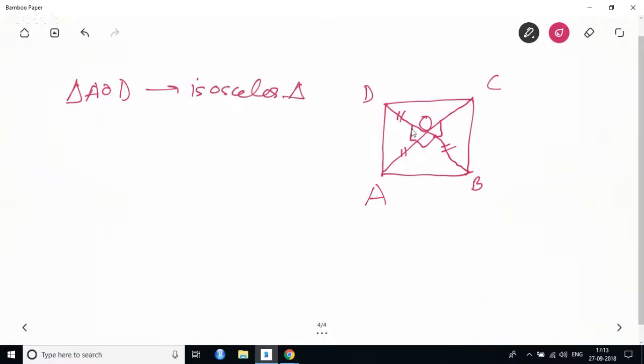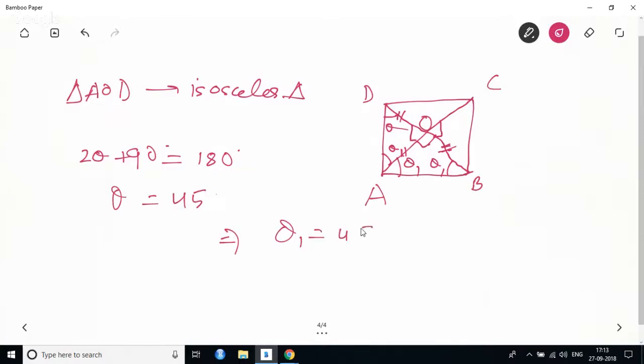And if it is an isosceles triangle, suppose this is theta and this is theta, so theta plus theta, 2 theta, and this is 90°, so that is equal to 180°. So theta comes out to be 45°, and here also this and this are equal and this is 90°. So this is theta 1 and this is theta 1. So try to understand, you can write that theta 1 is also 45°.